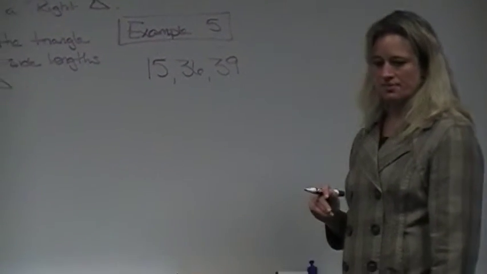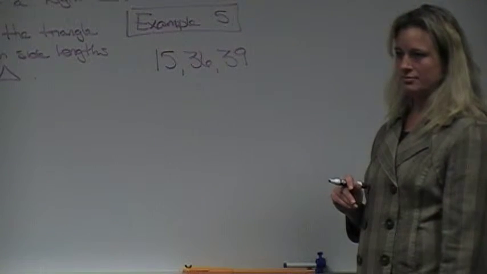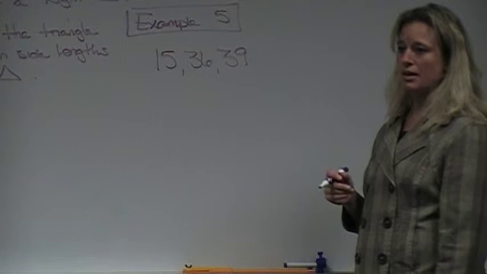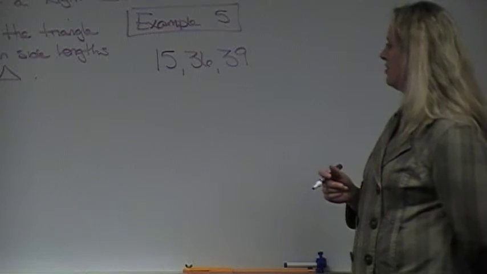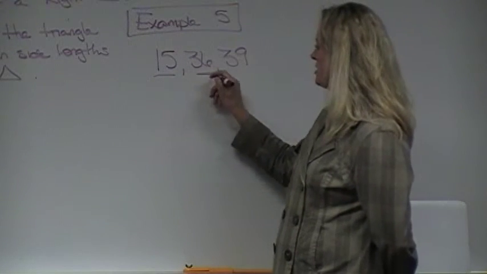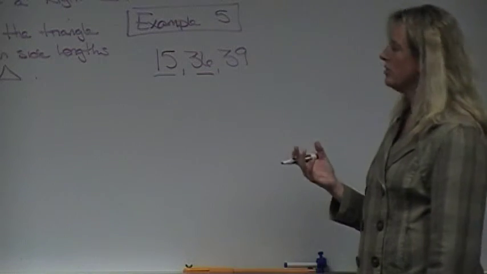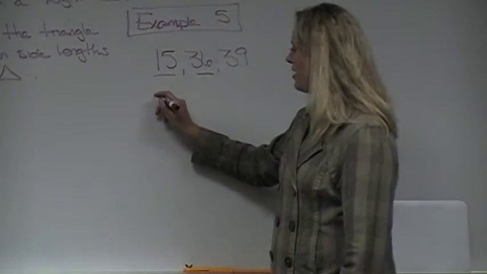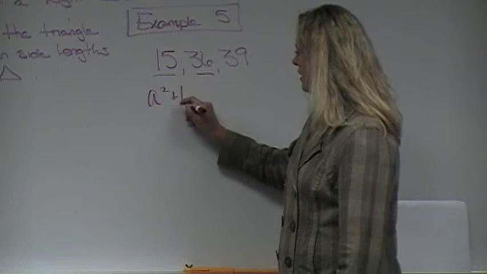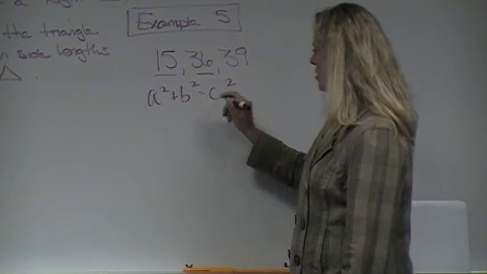What are my legs? 15 and 36 are the legs. What's the hypotenuse? 39. So a squared plus b squared has to equal c squared.